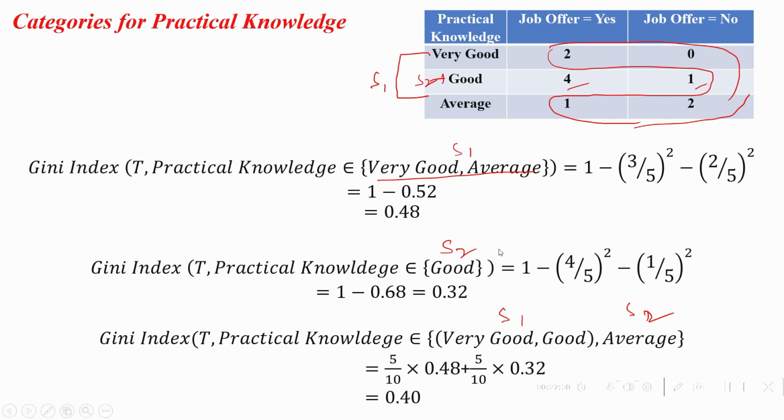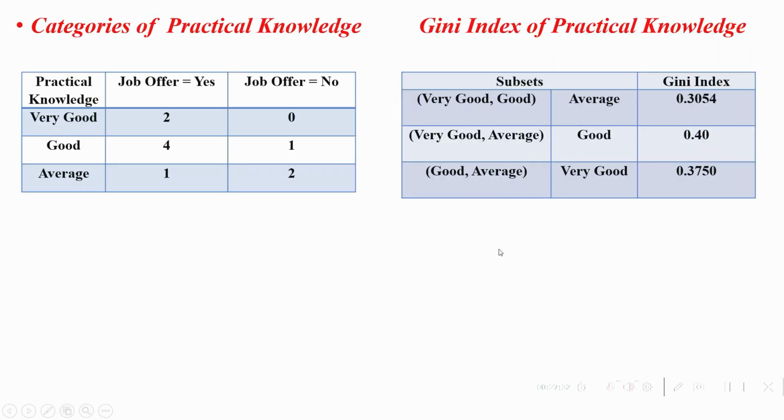Like that we are finding the Gini index values. Now we have found all the possibilities, each with a subset 1 and a subset 2. There are 3 different possibilities, and the corresponding Gini index values are 0.3054, 0.40, and 0.3750.